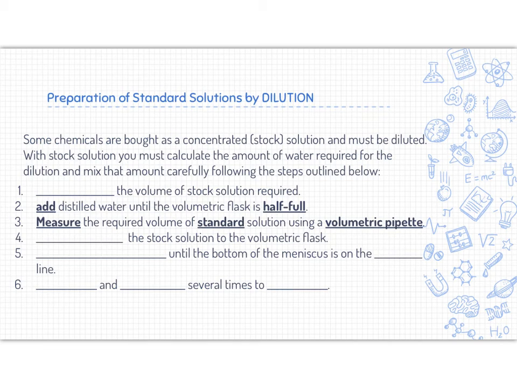All right, how do we prepare these? Well, very similar, but instead of weighing a mass, we now need to measure a volume. So we're going to use a volumetric flask again, so this thing that measures only 1 volume, but we're also going to use what's called a volumetric pipette. So these are definitely not proportional drawings.